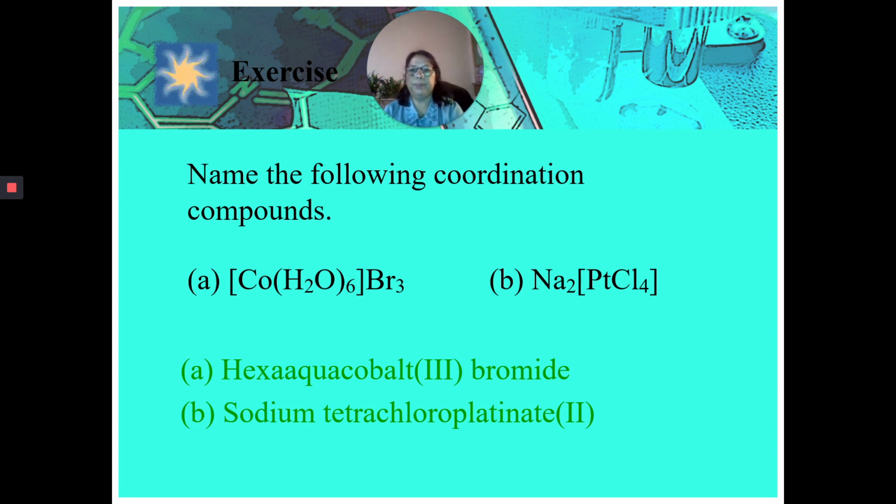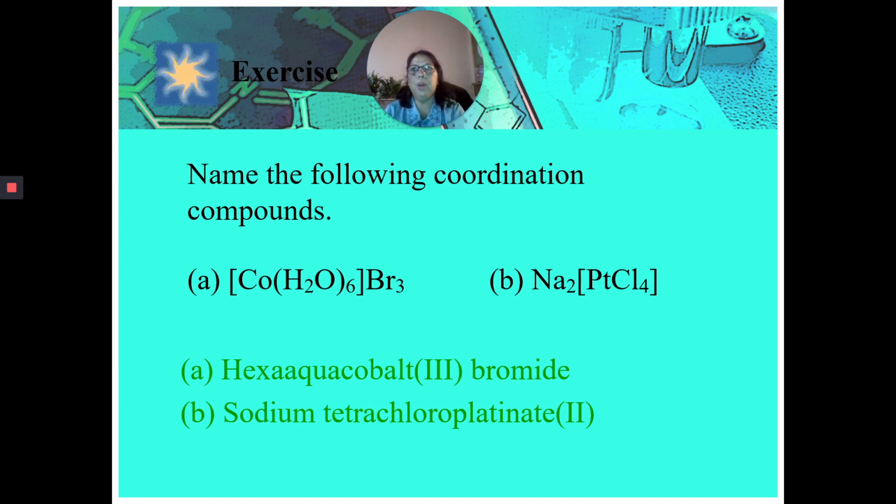Okay, so I hope you are still fine. This is still introduction part of inorganic chemistry. We are not yet into the real inorganic chemistry. We are just simply introducing to you first the characters involved in inorganic chemistry.